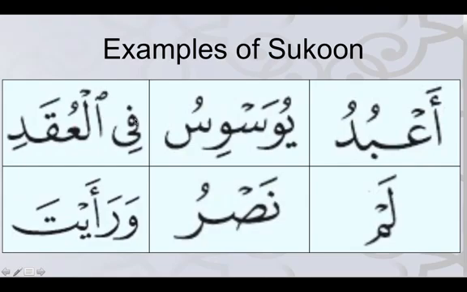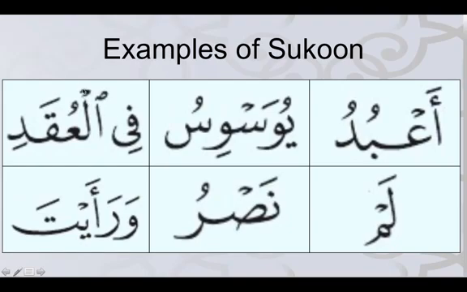So this is an example in which, because of this sukun, you are skipping two letters. You're skipping this hamzatul wasl, and you're skipping this ya. This ya does not have any diacritic on it. It does not have a sukun on it. It does not have a fatha on it. It does not have a dhamma on it. It does not have a kasra below it. This fa has a kasra below it.